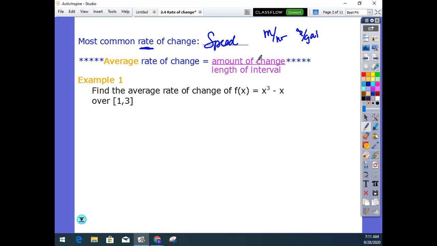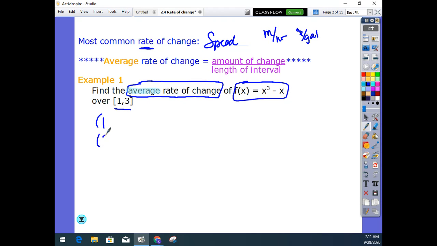All right, so for example, on this interval, using this equation to find the average rate of change, anytime the word average is involved, you just want to find 2 points. These are the x intervals. F of 1 is 0.